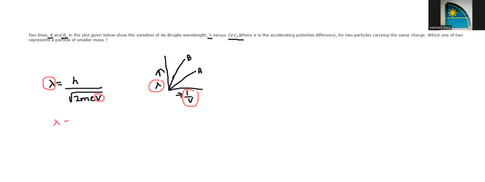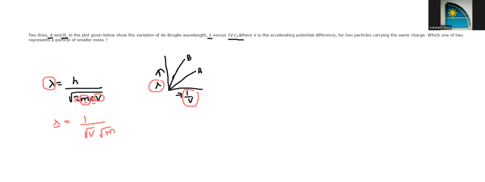So if you're plotting a graph between lambda and 1 by root V, you are left only with the factor root 2 and mass of electron. Mass of electron is a constant, 2 is a constant. So basically, the slope will give you the value of mass. And as you can see, lambda is inversely proportional to root of mass. Inversely proportional means lambda is in the numerator and root of mass is in the denominator.